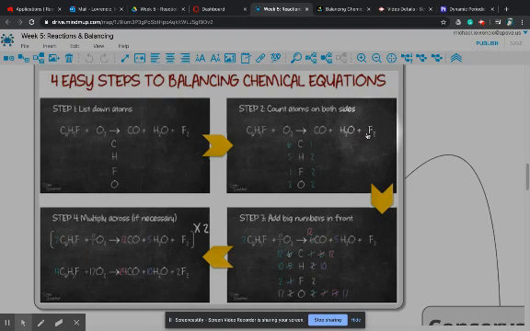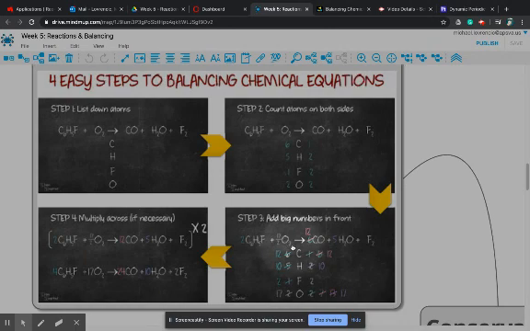Okay. Now let's do the oxygens. If we look, we have 12 plus 5 gives us 17. Now we have 2 on the reactant side. So 2 and 17 don't go into an even number, but we can figure out, all right, fractions. 17 halves times 2 would give us 17.